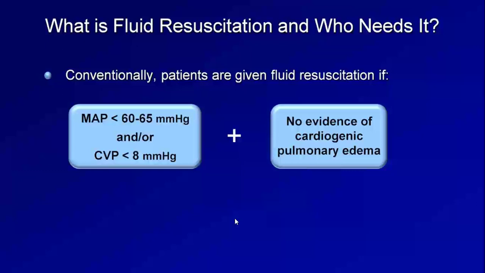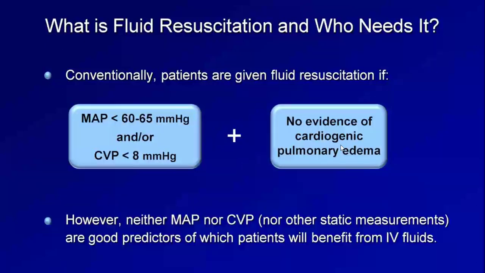In the old paradigm, patients are given fluid resuscitation if the mean arterial blood pressure is below 60 or 65 and the jugular venous pressure reading is below 8, with no evidence of cardiogenic pulmonary edema or fluid overload. However, it was newly discovered that neither mean arterial pressure nor jugular venous pressure are good predictors of which patient will benefit from IV fluids.